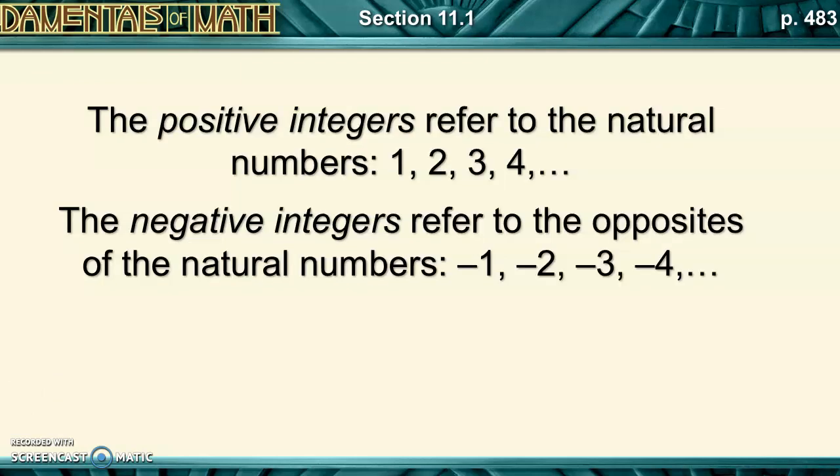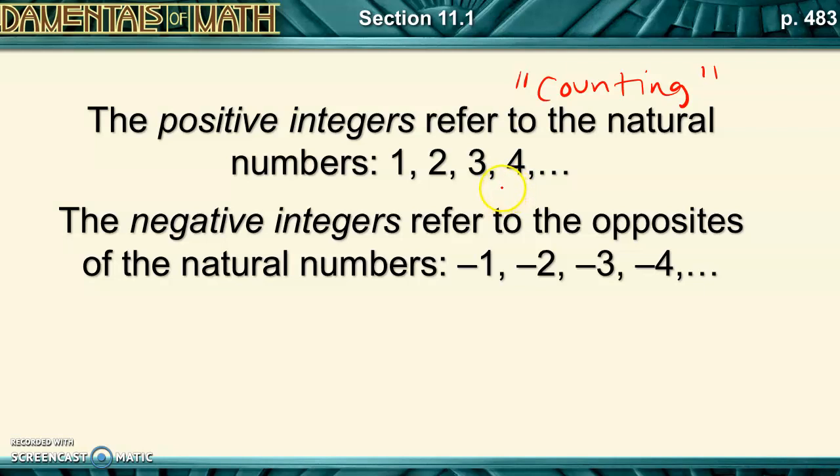Now, the positive integers refer to natural numbers. Natural numbers are also known as counting numbers. Those are the numbers you first learn about when you first learn how to count, starting with number 1, 2, 3, 4, 5, and you start counting up.